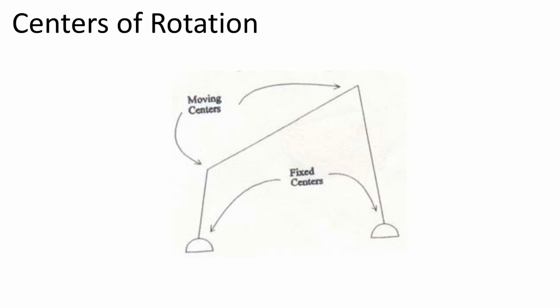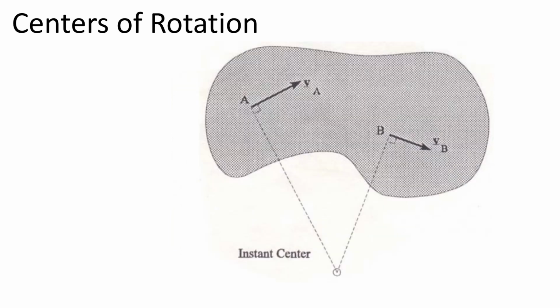Centers of rotation. Fixed centers of rotation and moving centers of rotation in the case of a 4-bar mechanism can be quickly identified as shown in this figure. To understand the virtual instantaneous center of rotation, we need knowledge of the direction vectors of 2 points.